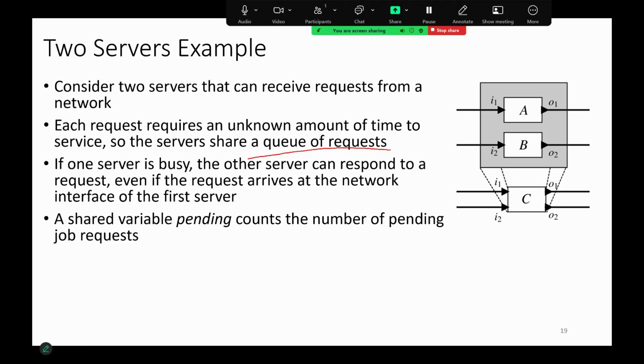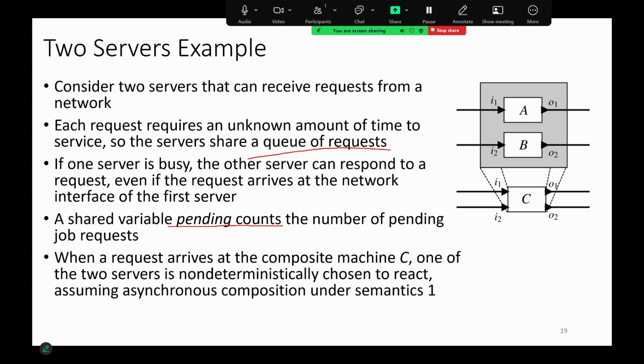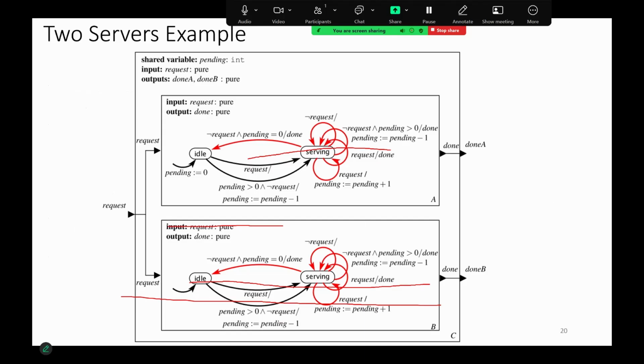And we can define a shared variable pending count that counts the number of pending job requests. When a request arrives at the composition machine, one of the 2 servers is non-deterministically chosen to react, assuming asynchronous semantic one, which is interleaving semantic. And this is the state machine.